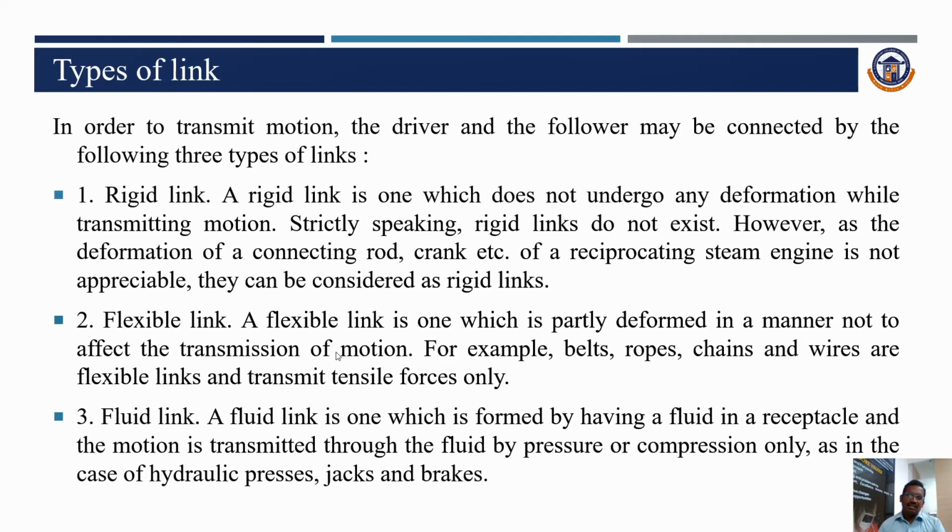It is a fluid link. The example for a fluid link is oil: JCB, jack, brakes, etc. In hydraulic brakes, we can apply the brake with pressure. It tends to press the brake and it will stop the vehicle. It is known as a fluid link.